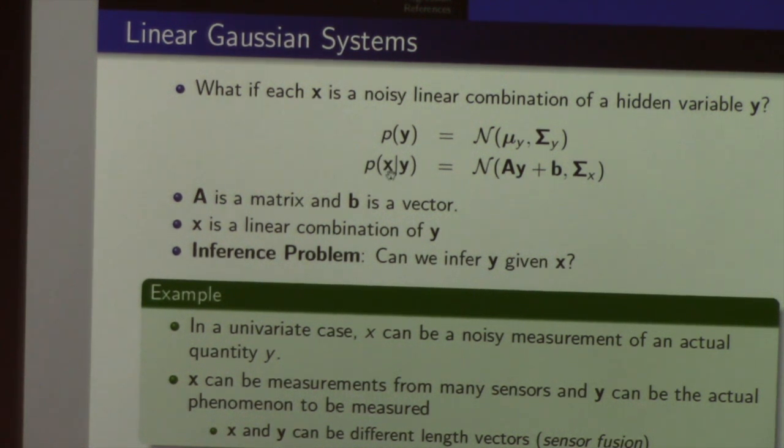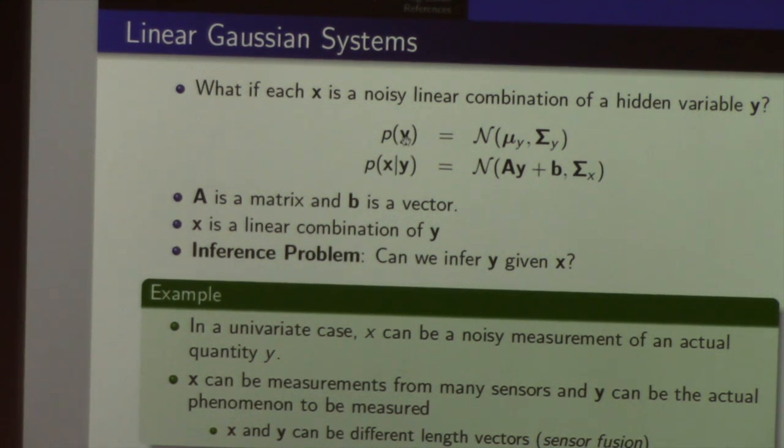You're assuming that what you observe, x, is some linear combination of y, plus b. Let's assume we already know what A and B are. We know how the true value gets converted into the noisy observation through this process. Now, after observing some of these x's, we want to refine our estimate. We want to find the posterior.